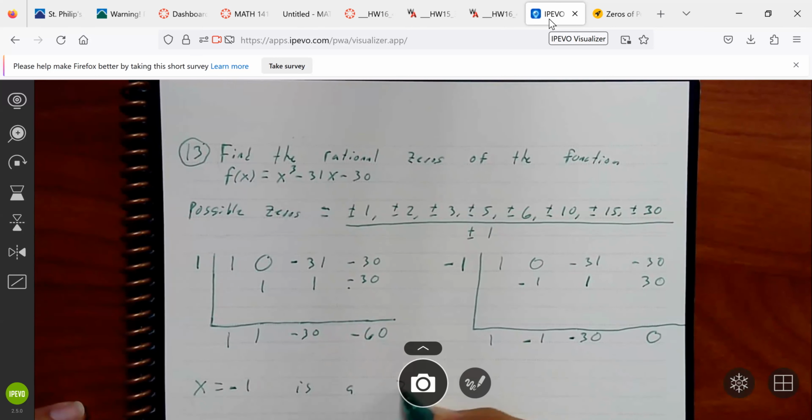Okay. So another extra note: since x equals negative 1 is a zero, then x minus that number, which is equal to x plus 1, is a factor.